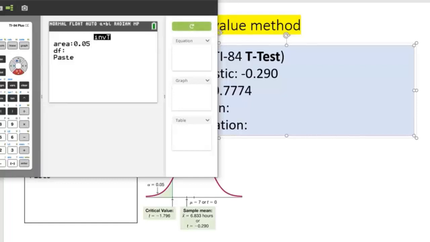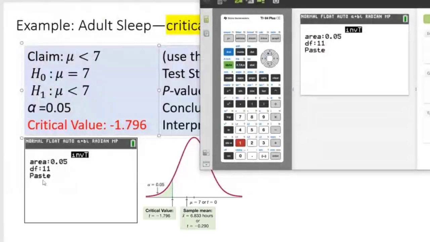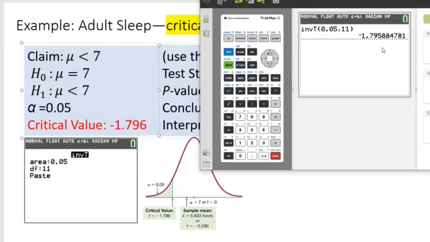My degrees of freedom is n minus 1, so since I had 12 values, I have 11 degrees of freedom. That's exactly what I've put in. When I go down to Paste, it copies it in a different format to my main screen, and I get this value, negative 1.796. So that's where this red critical value came from.